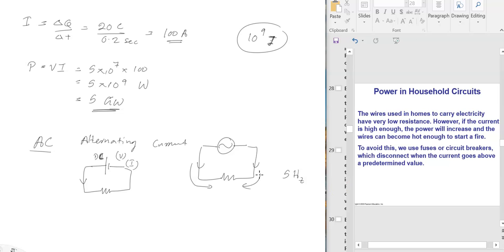But in household circuits, it changes at a rate of 60 Hertz, changes direction 60 times a second. The brightness changes in the light bulb. Every time it changes direction, it drops to 0 and goes back to the highest value. So there's a little change, but our eyes are not sensitive enough to see that. Certain devices and instruments need current to be in one direction, so there are converters inside to convert AC into DC.